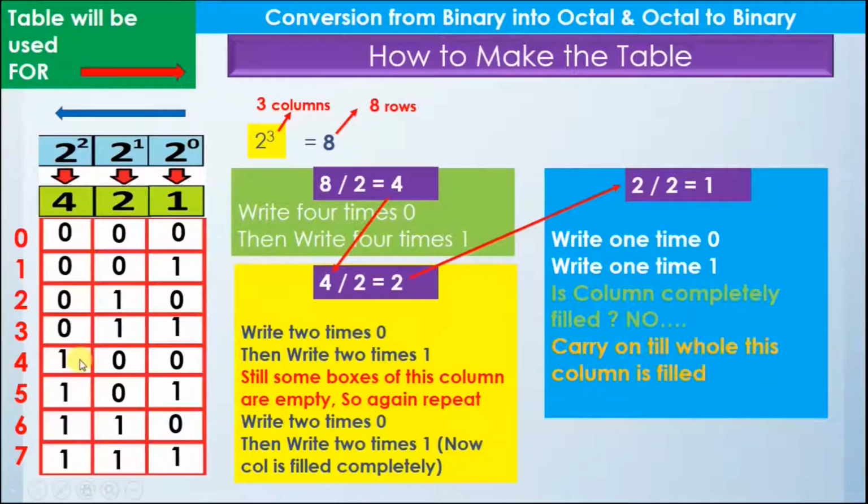And if the box under 4 has value 0, then the value of this box is 0. Similarly, if the value under 2 is 1, the value is 2, and if 0, then the value of this box is 0. And if the value under 1 is 1, the value of this box is 1, and if it is 0, then the value is equal to 0.